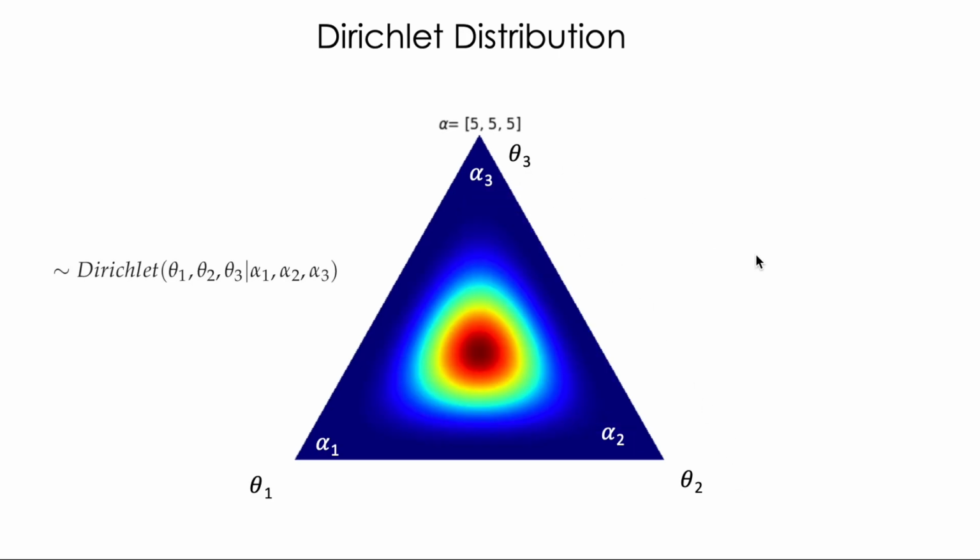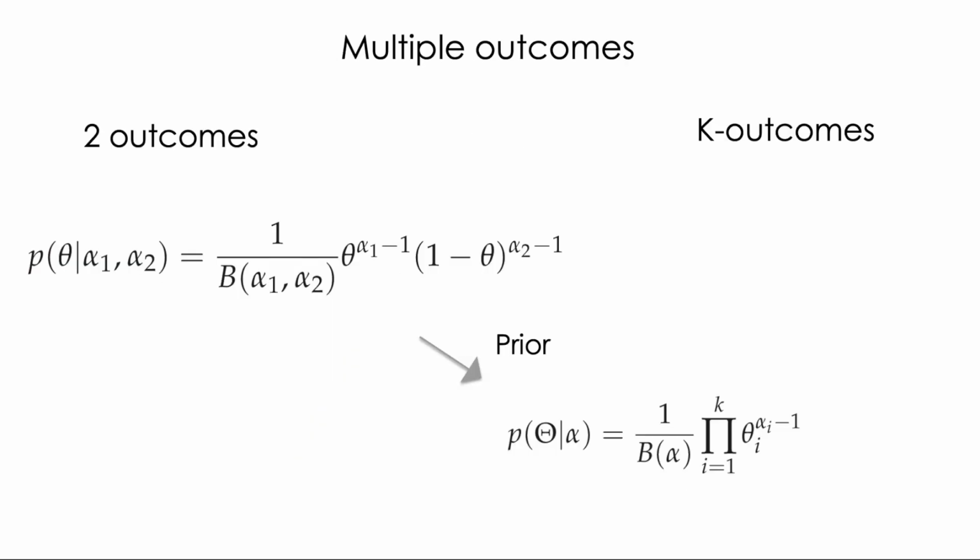And this is the case in which the 3 hyperparameters alpha are the same, so our prior or imaginary counts are not in favor of any of the outcomes. Then we have a fully centered distribution that is equally likely for all the thetas. Okay? So this is an example of how we can visualize the Dirichlet distribution for 3 possible outcomes. Okay, so our prior is going to be just the extension of the beta distribution to the Dirichlet distribution with these parameters.